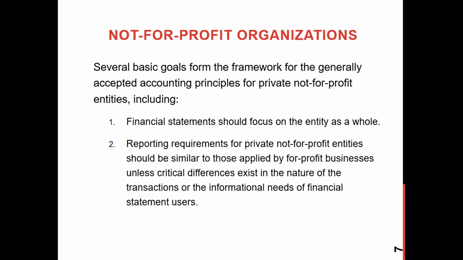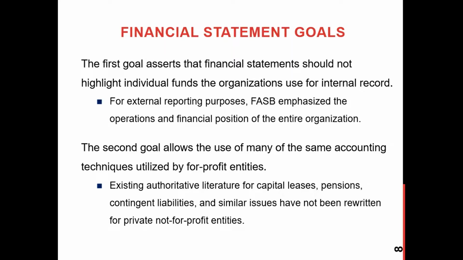And another criterion is that the reporting requirements for private not-for-profit entities should be similar to those applied by for-profit businesses, unless critical differences exist in the nature of the transactions or other informational needs of financial statement users. So these are two common criteria that FASB actually focuses on, and you see here the first goal, as I mentioned, that the financial statement should not highlight individual funds.